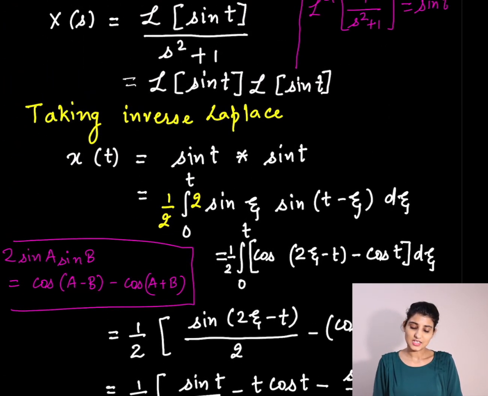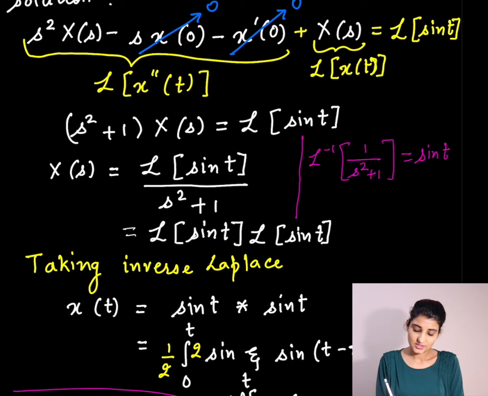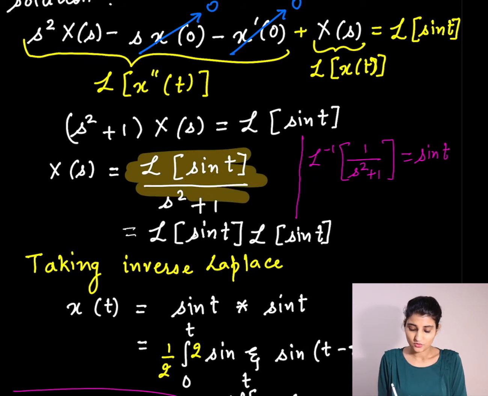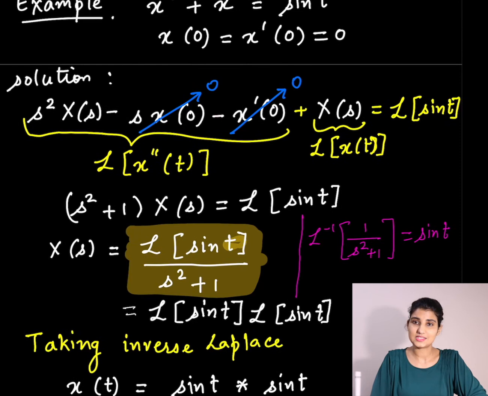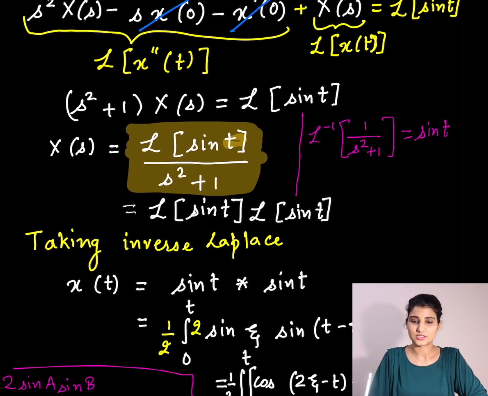Previously, when we were taking the Laplace inverse of this function, we needed to involve partial fractions, but now since we have the convolution technique, we can directly do it. So convolution makes it easier to solve the ODEs.